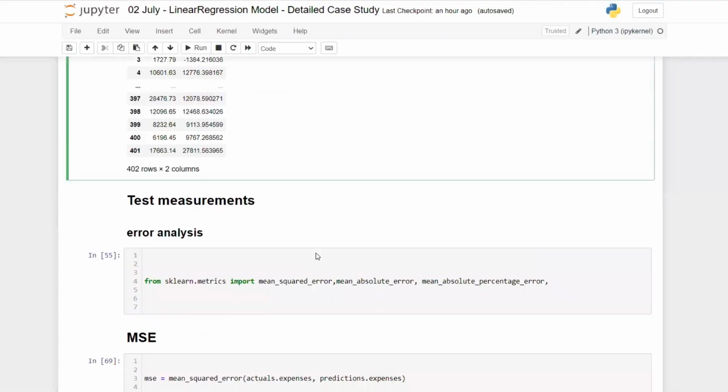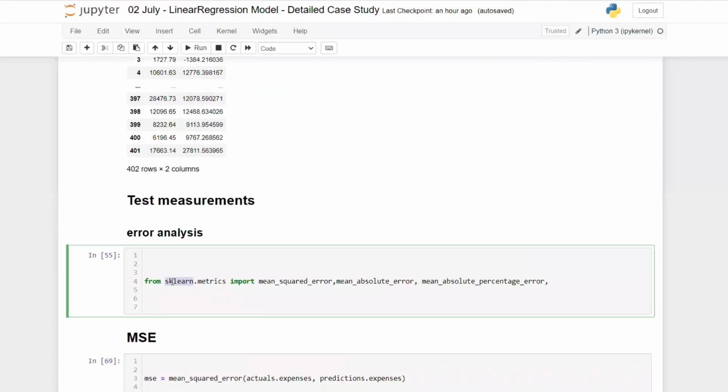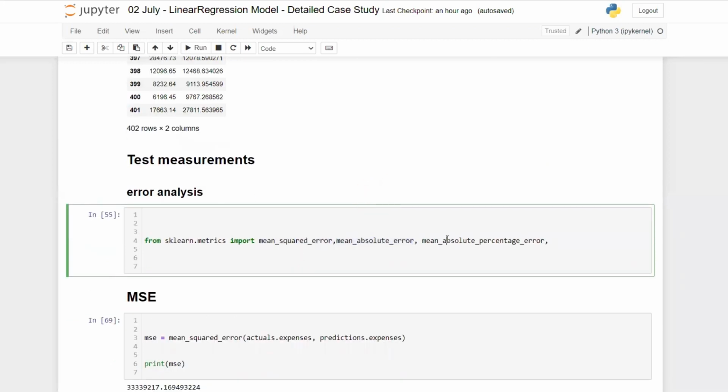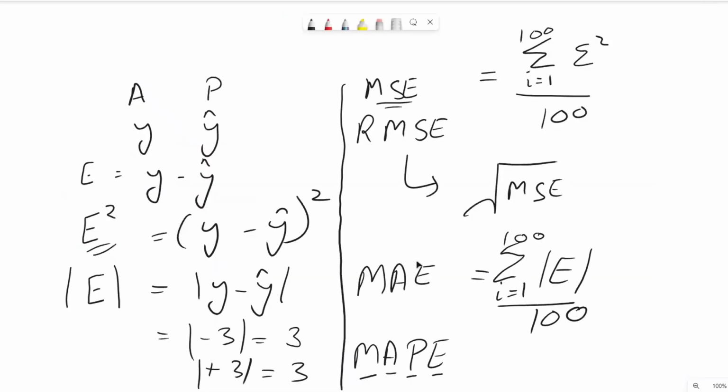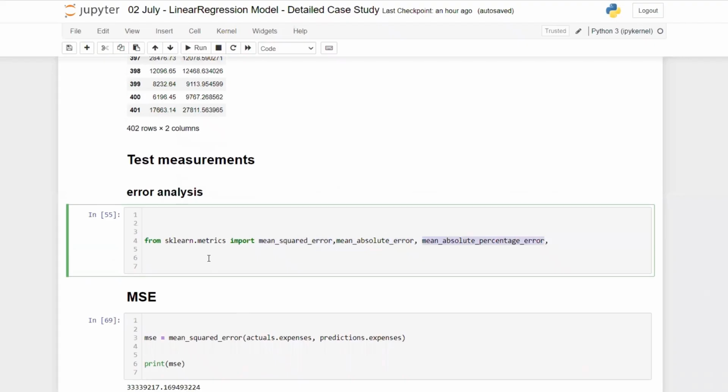So guys, from the sklearn.metrics package, I have some functions available for MSE, mean squared error, MAE, mean absolute error, and mean absolute percentage error. See, for MSE, you have the function. For RMSE, you don't have one. No problem. You will take a root over MSE, and you will get it. I will show you.